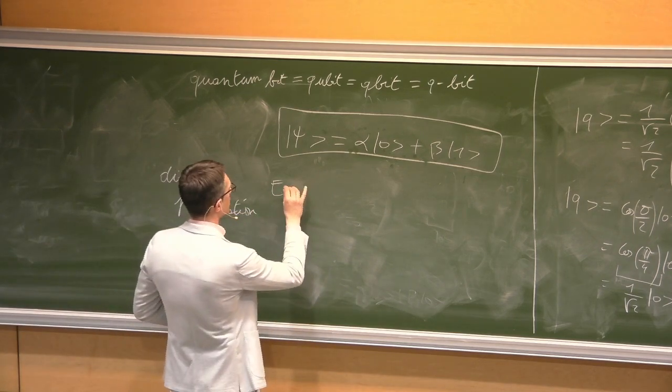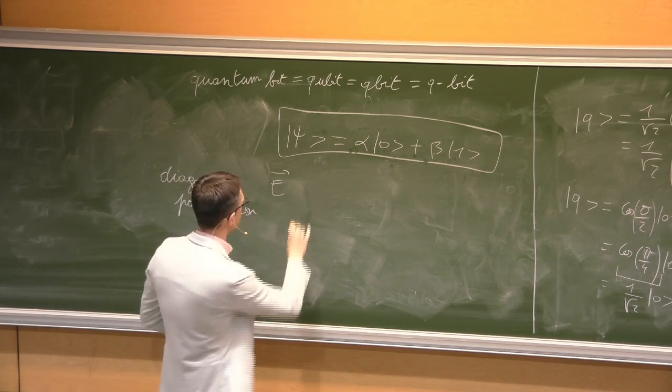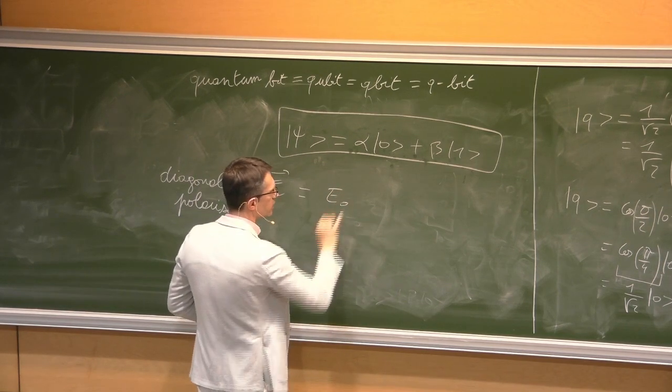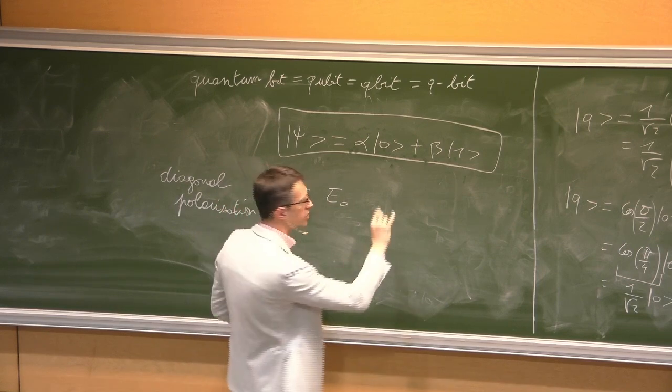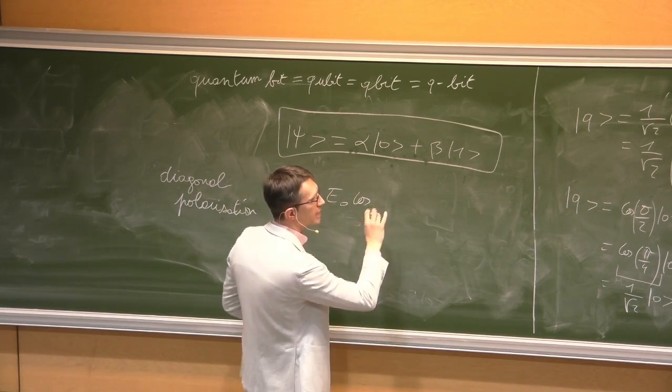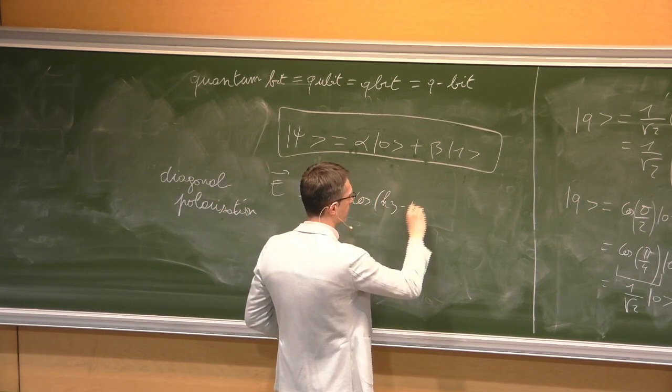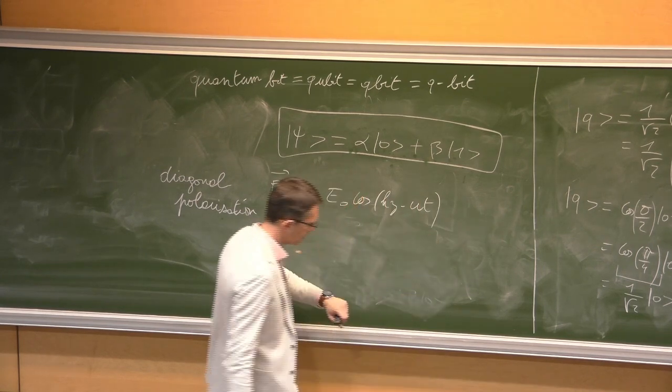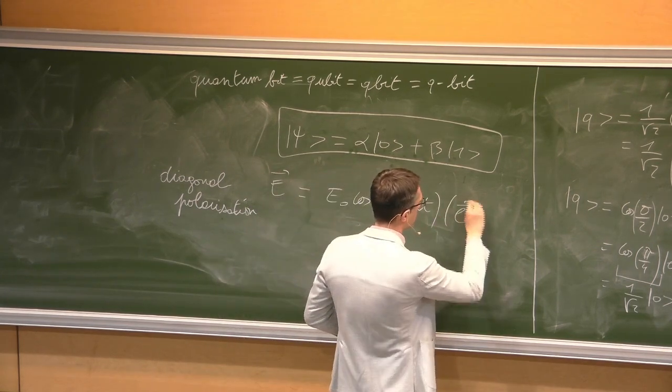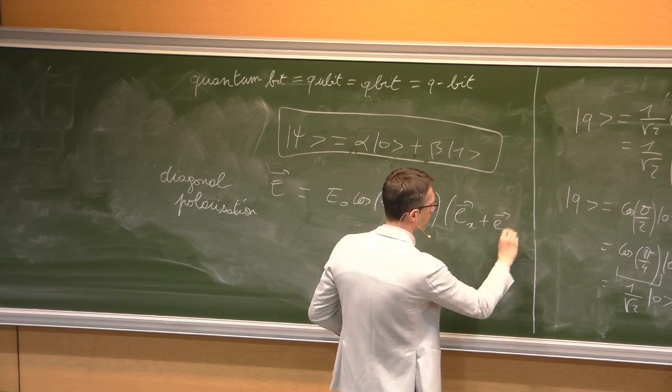And so E in the diagonal state is written E0 cos(kz minus omega t) (Ex plus Ey), right?